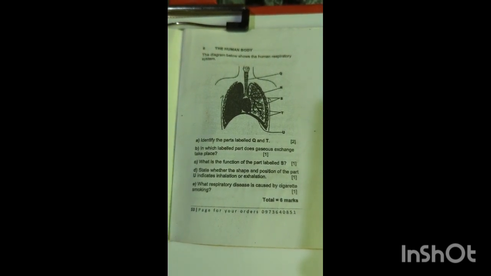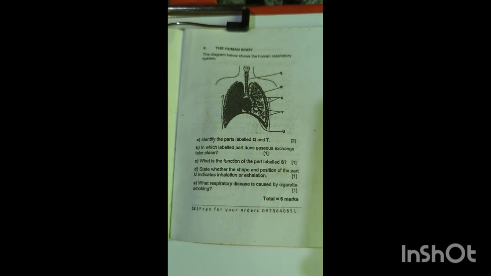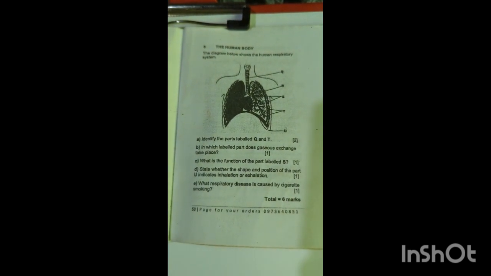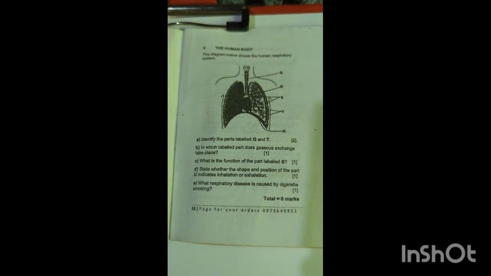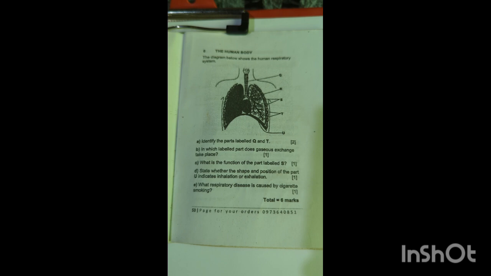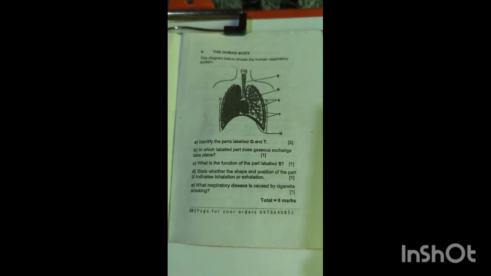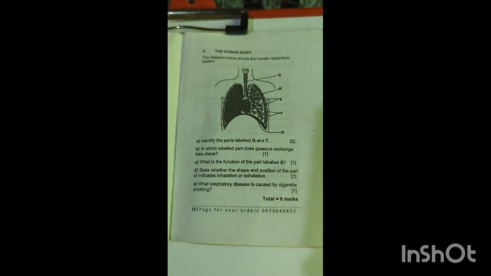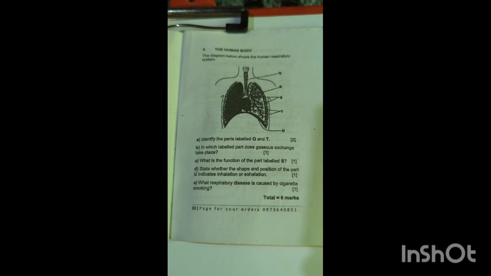Question A is to identify the parts labeled Q and T. We've talked about that already. Q is the trachea and T are intercostal muscles. Question B, in which labeled part does gaseous exchange take place? I've also mentioned this earlier.